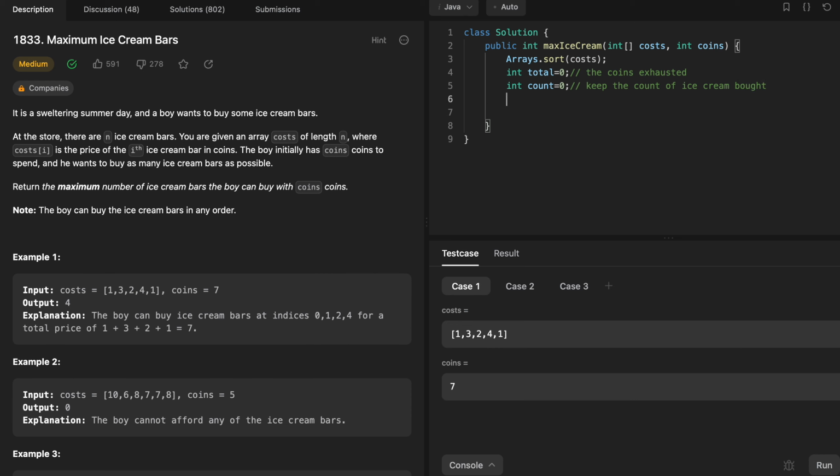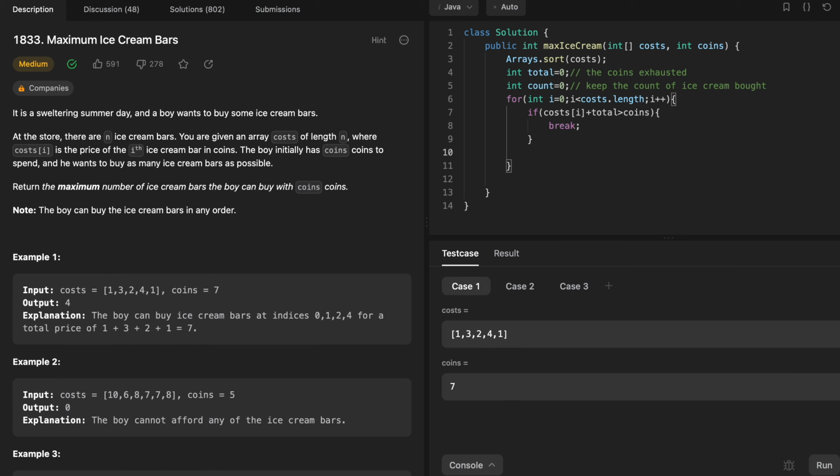Now we start traversing the array, for integer i equal to 0, i less than costs.length, i++. If we find that costs of i, the current ice cream cost, plus the total cost we've already exhausted is greater than the coins that we have, what should we do?